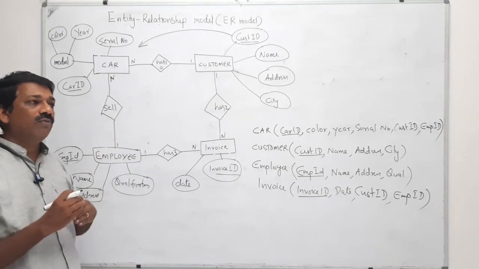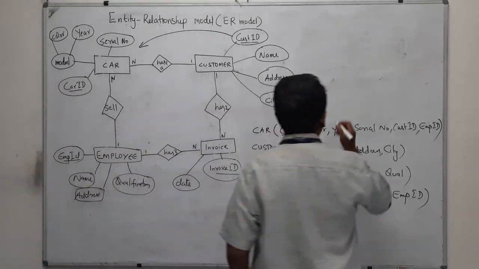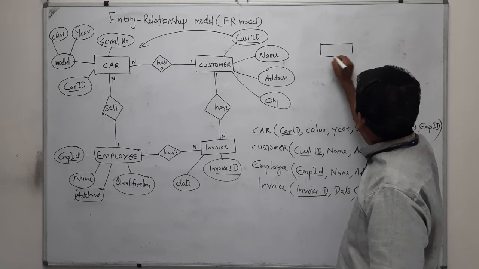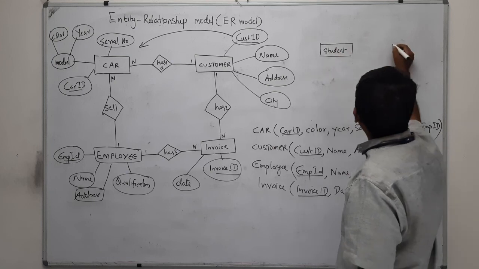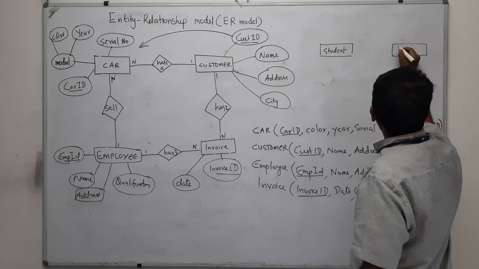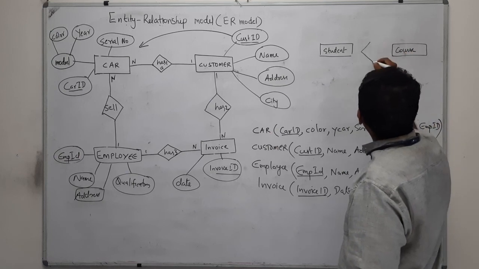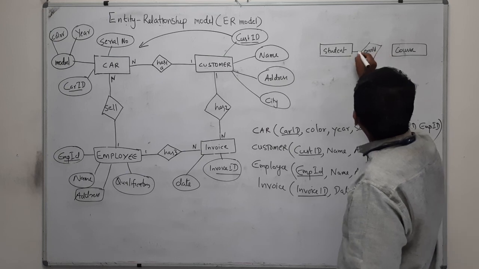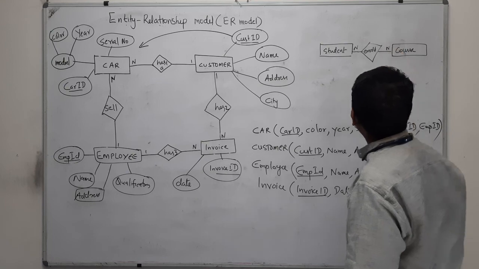But if you have many to many relationships, for example, say this is student and here course, and this is a relationship enrolled. Student enrolls in course. That means this is N and this is N. Why?